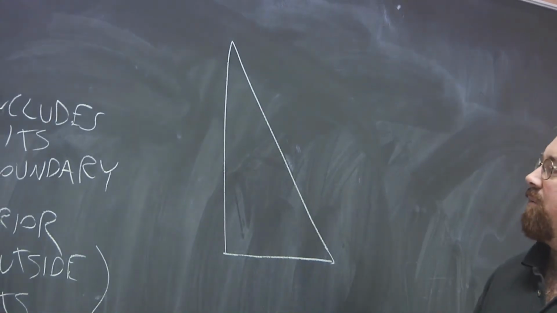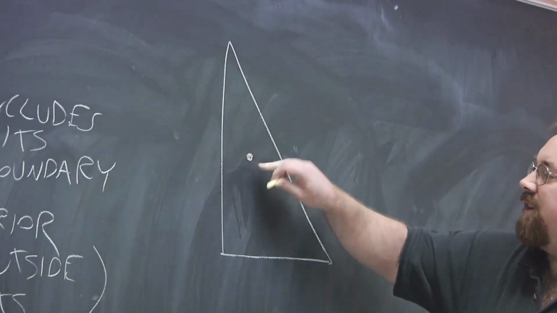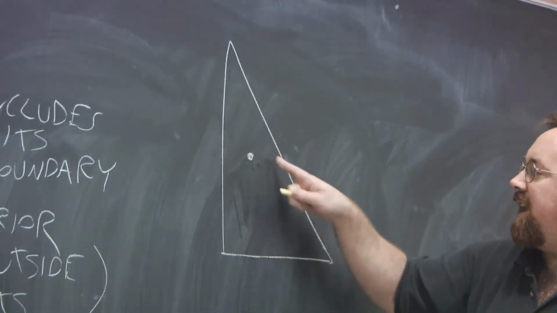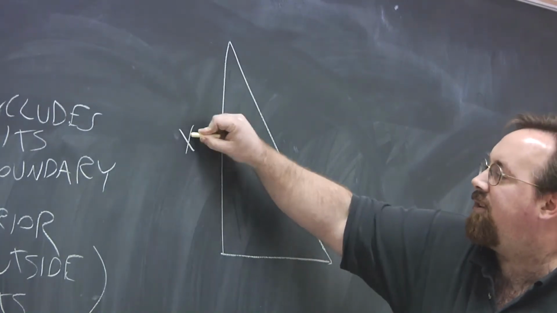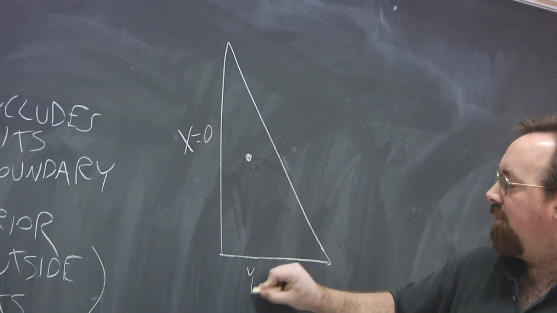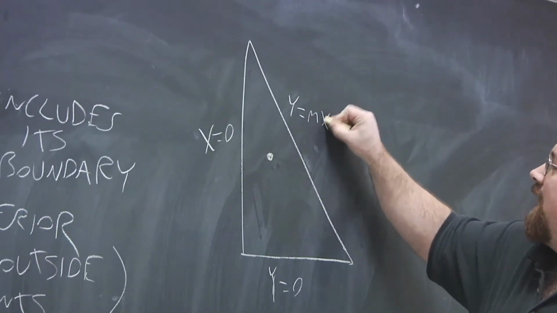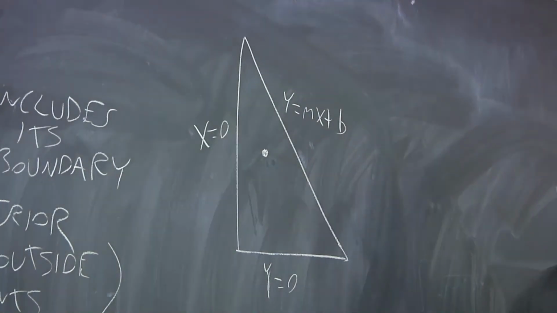So you're going to look for any critical points in the interior, just where the gradient is equal to 0, and then you're going to take each one of these edges and that will give you a constraint. So for instance, this could be x equals 0, y equals 0, and then y equals mx plus b, where this defines the equation of this edge.